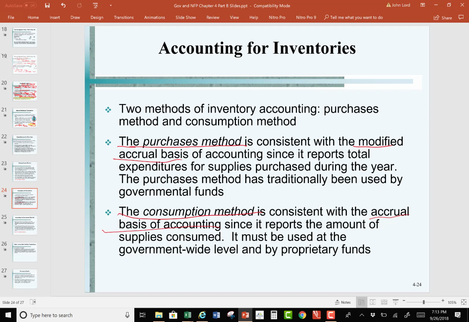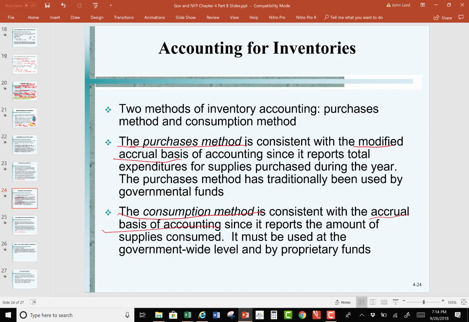Now, we're going to see that there are obviously differences between these two methods, but one of the first takeaways I want you to get in your mind is that as far as the balance sheet presentation of inventory is concerned, there is no difference between the two. Inventory will be presented on the balance sheet the same way regardless of the method.